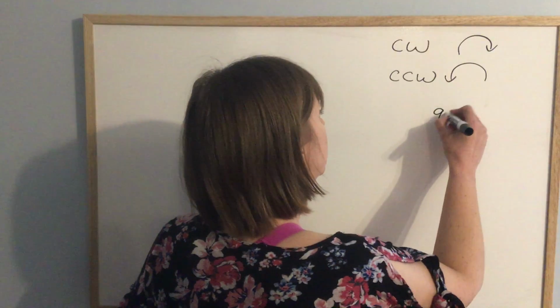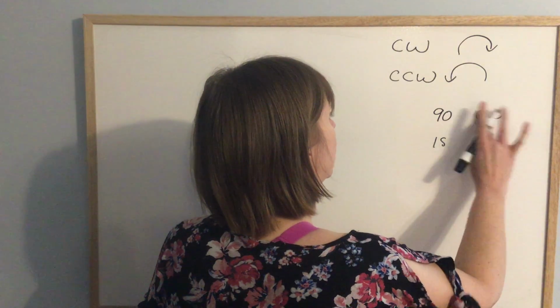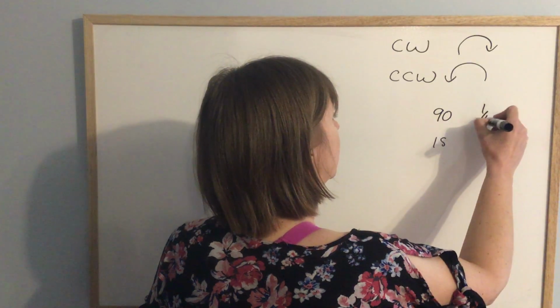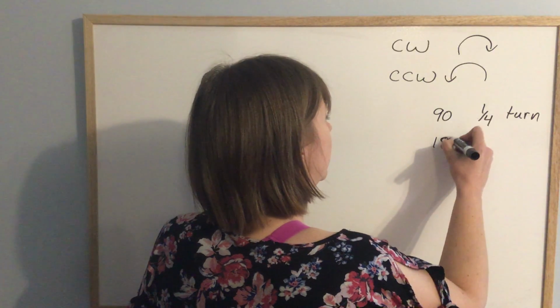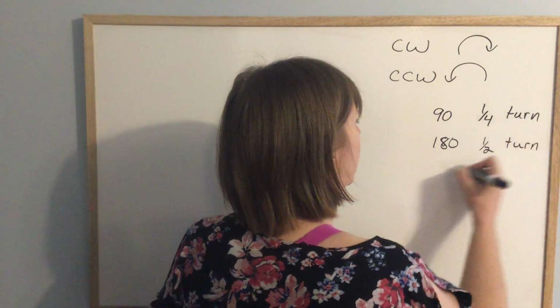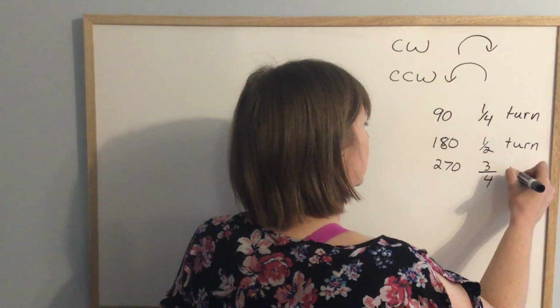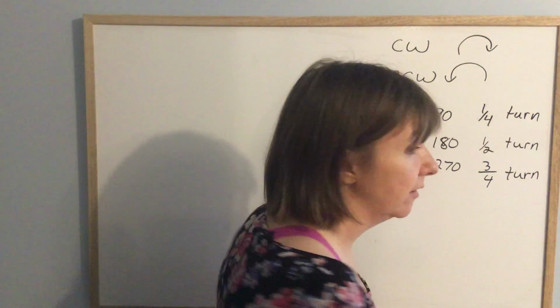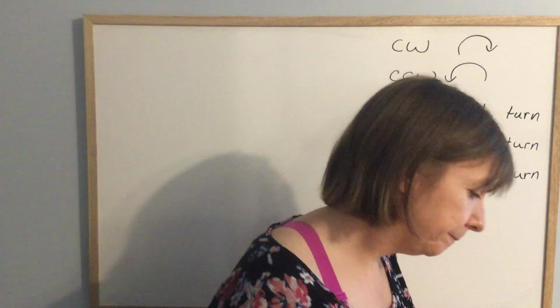So 90 degrees is a quarter turn, 180 degrees is half a turn, and 270 degrees is 3/4 of a turn. And if you really need it, 360 degrees is all the way around.